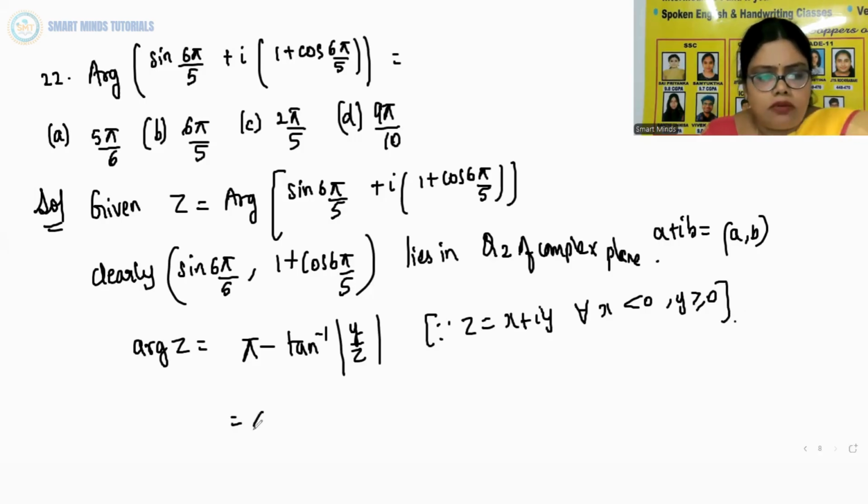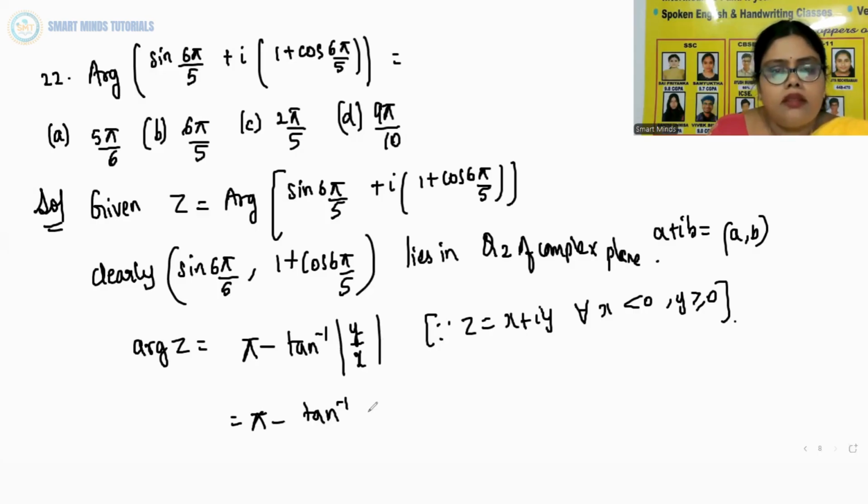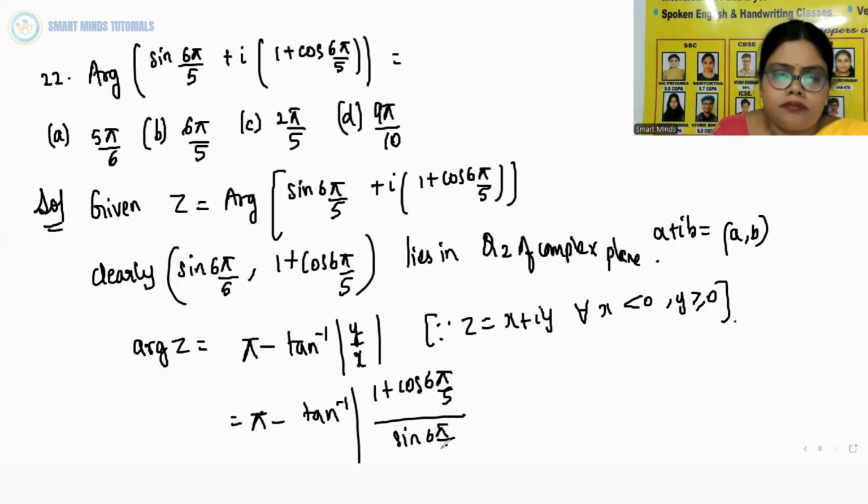So that is equal to pi minus tan inverse. See, this is not y by z, it is y by x. So pi minus tan inverse of mod y, the imaginary part, by x, the real part. So that is equal to pi minus tan inverse of 1 plus cos 6 pi by 5 over sine 6 pi by 5.